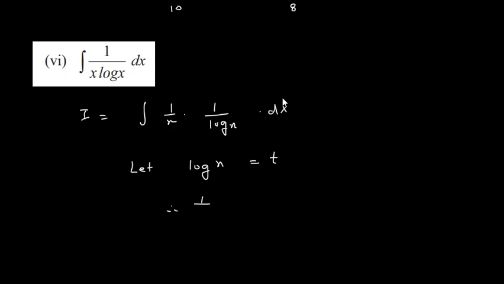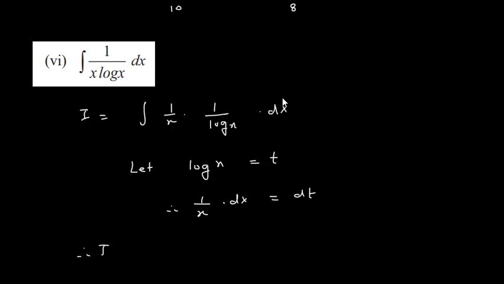Now here in the sixth problem, for log x, its derivative is 1 upon x. So this is nothing but the integration of 1 upon x into 1 upon log x. You can write it like this. And the derivative of log x is 1 upon x. So you substitute log x equal to t. So therefore (1 upon x) dx will be equal to dt.